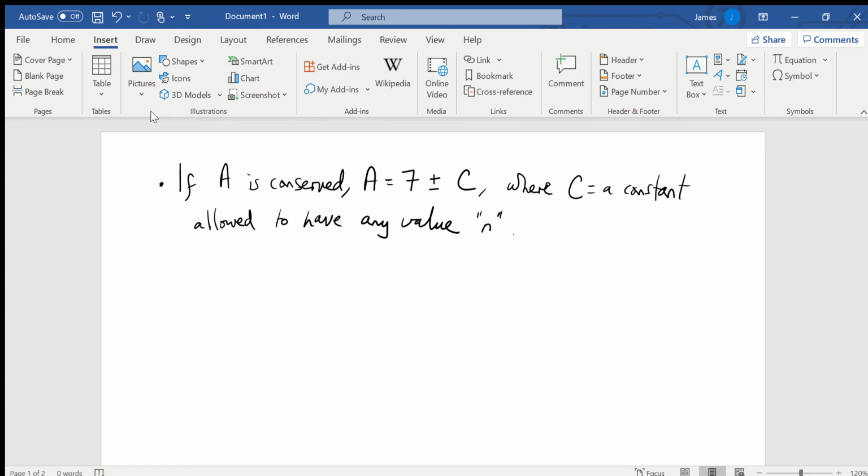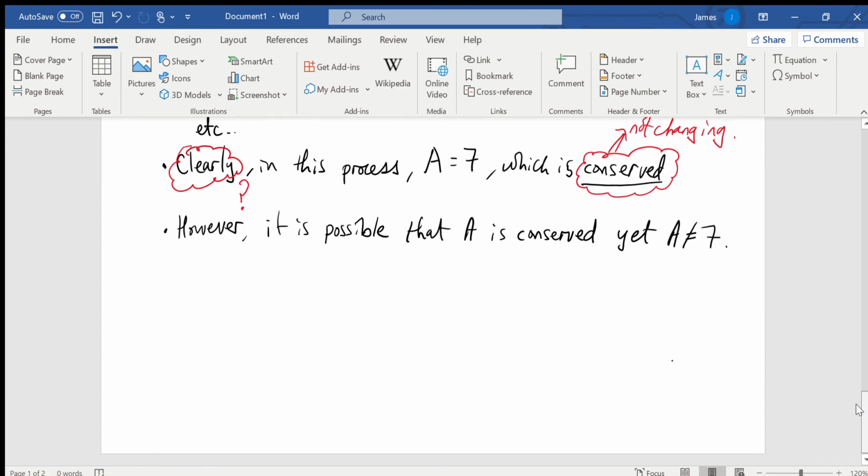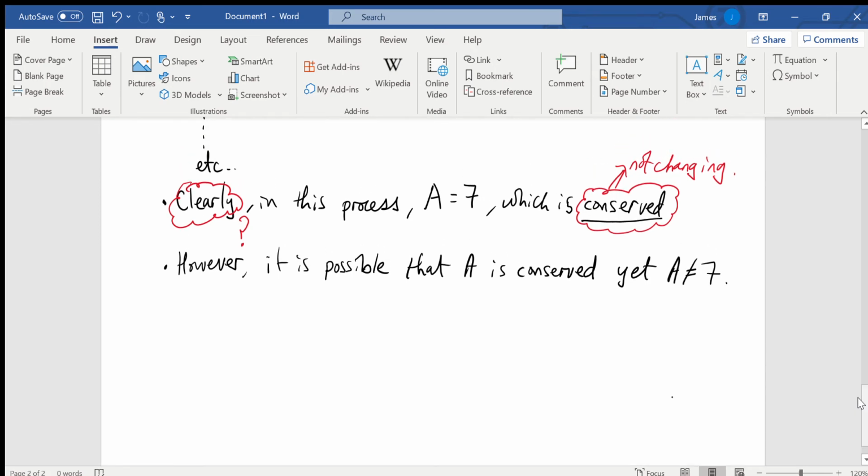So again, why are we entertaining a constant? Well, on the first page, so remember, because the way I'm doing it, the pages are going upwards, which is definitely vogue, if nothing else. It's possible that A is conserved, yet A is not equal to 7.